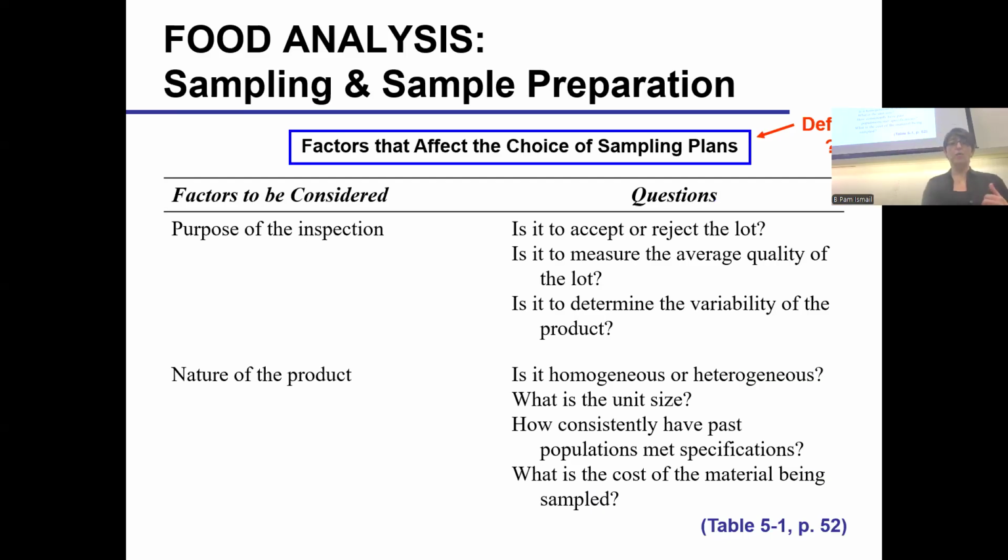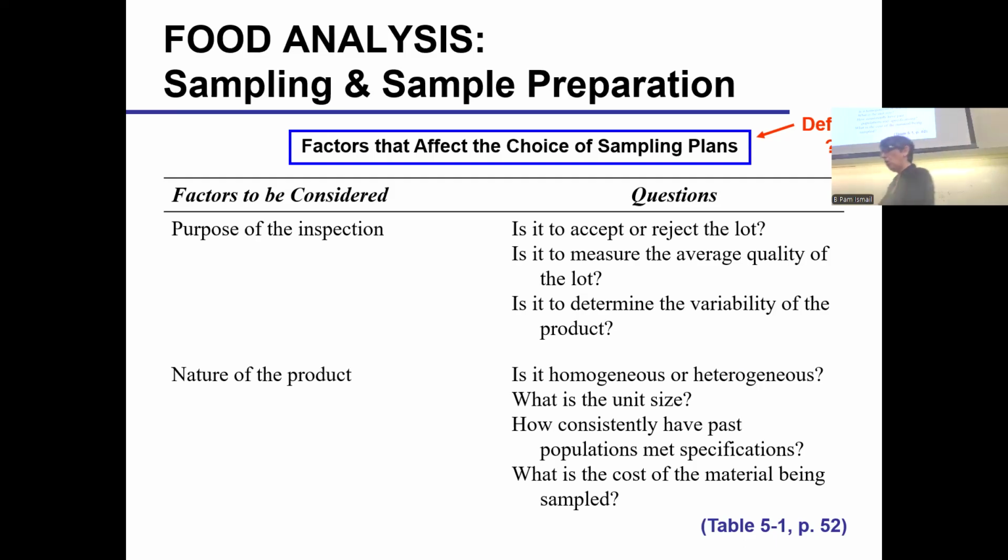But usually you have to say, okay, why am I testing? What's the purpose of the analysis? Is it to accept or to reject a lot? Or is it simply that I need to do proximate analysis and I need to do a nutrition label? So you really have to figure out why the inspection is happening, and that will be part of the choice of your sampling plan.